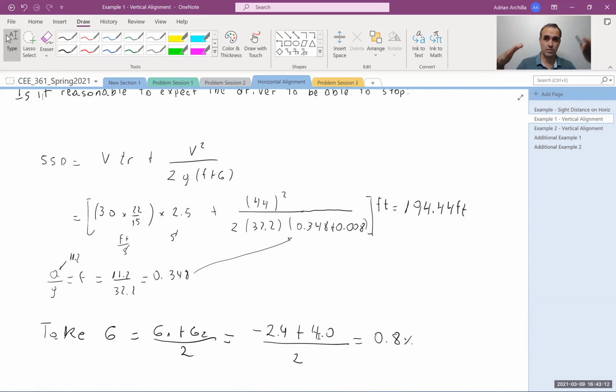We take the two grades with their sign, add them up and divide by 2. So 1.6 divided by 2 is 0.8%. That's why I put here 0.008. It's less than 1%, so 0.008 corresponds to 0.8%. And that's a simplification.